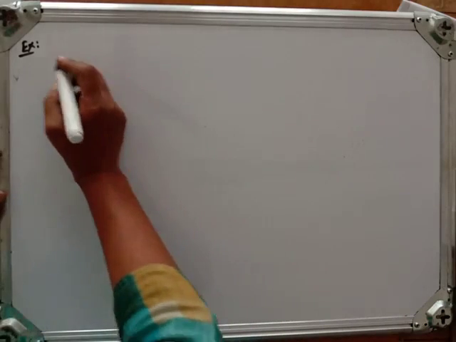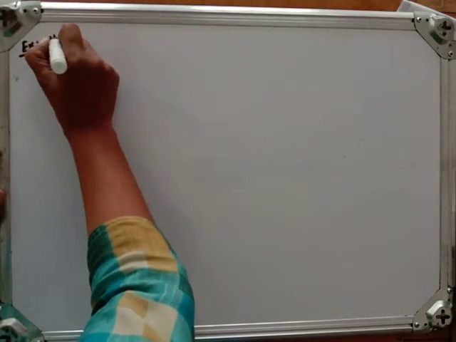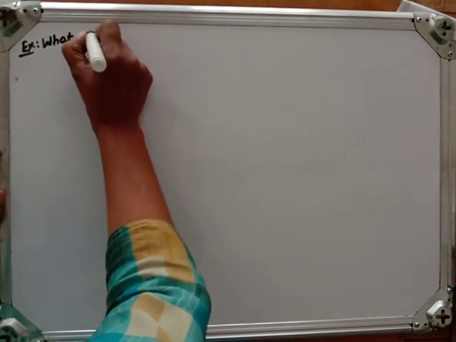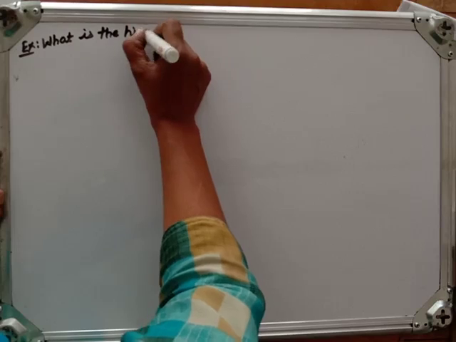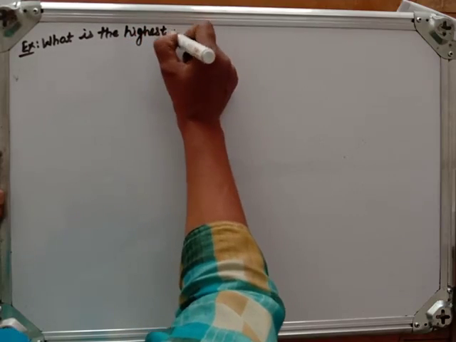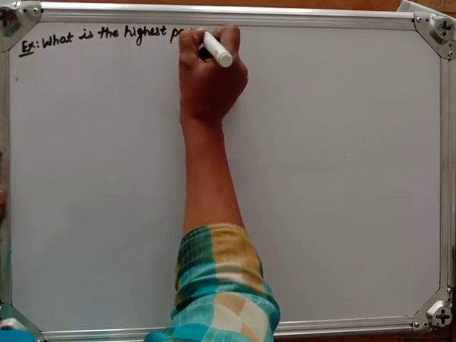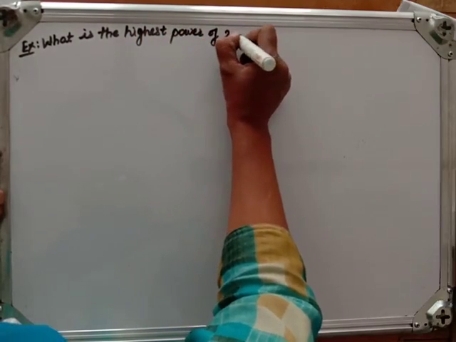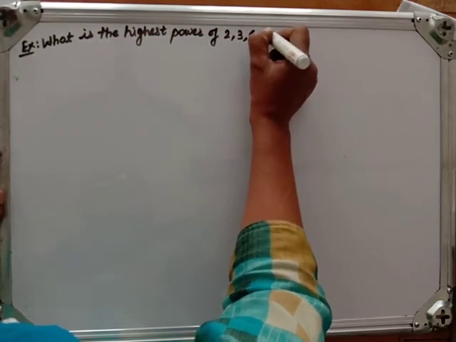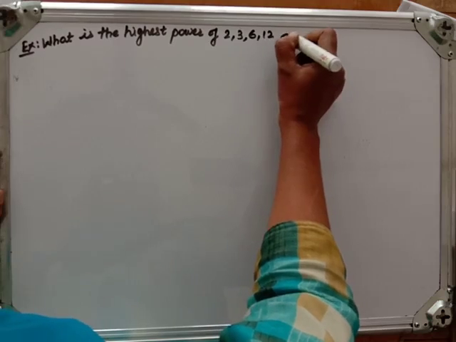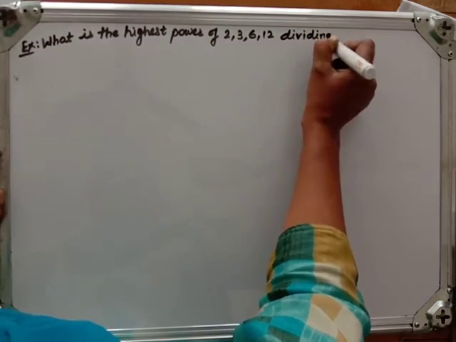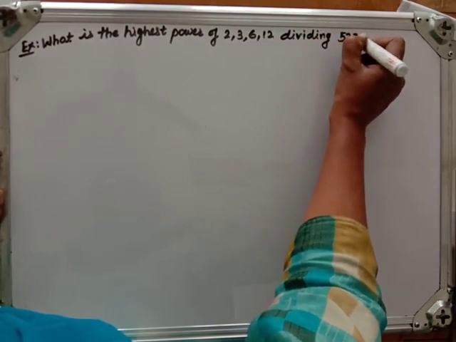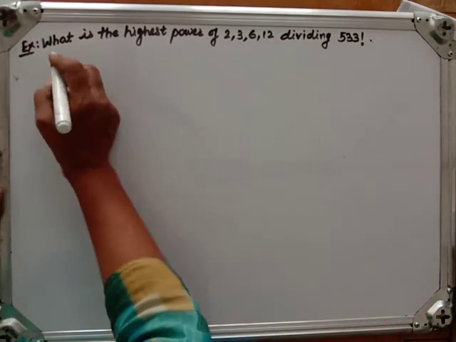Next example: what is the highest power of 2, 3, 6, 12 dividing 533 factorial?